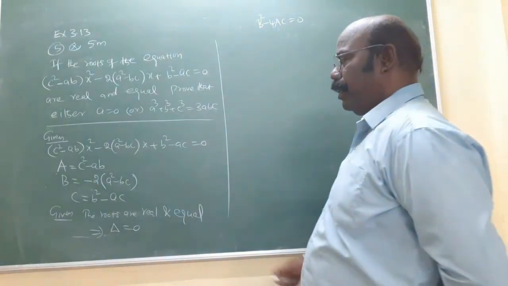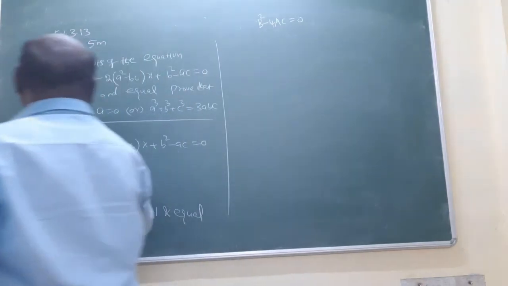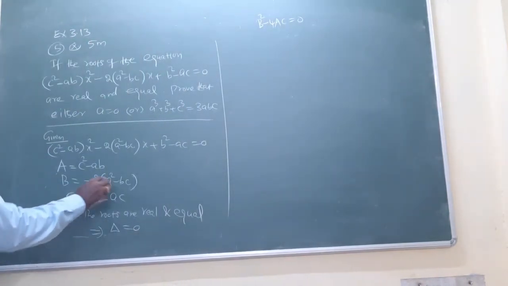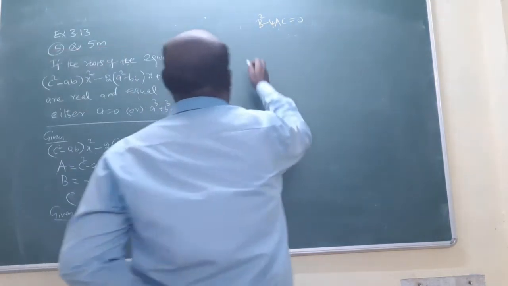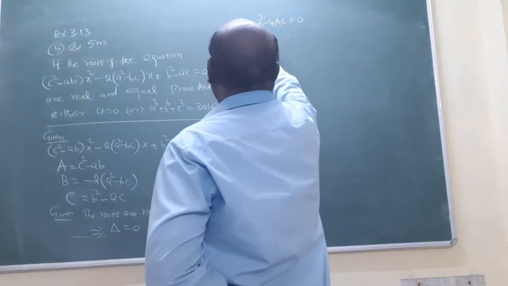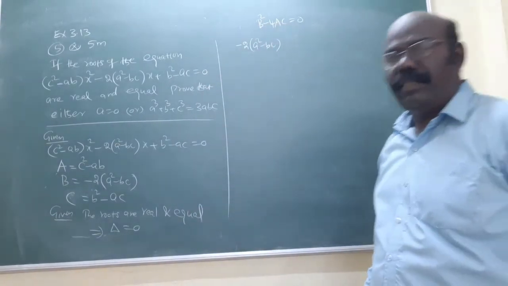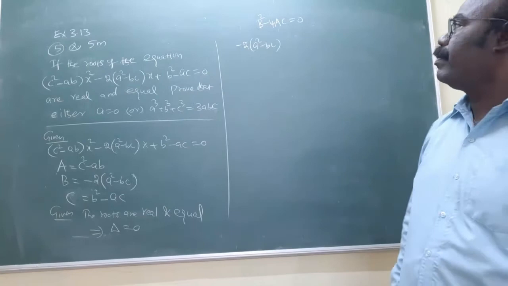B square. B is minus 2 into (a square minus bc).